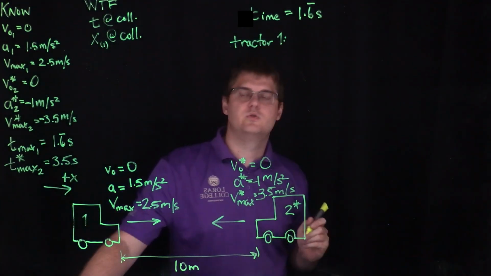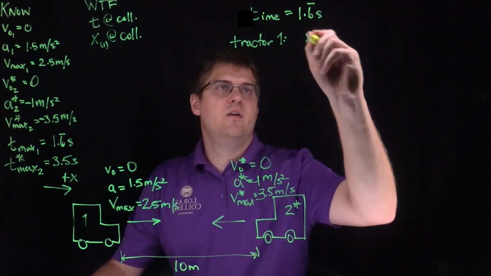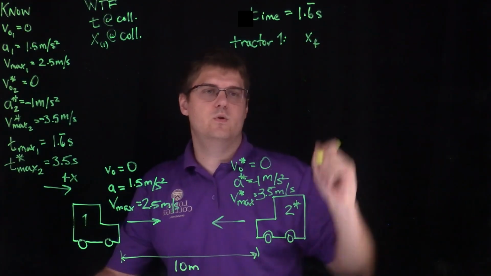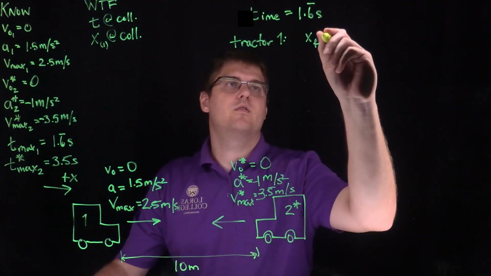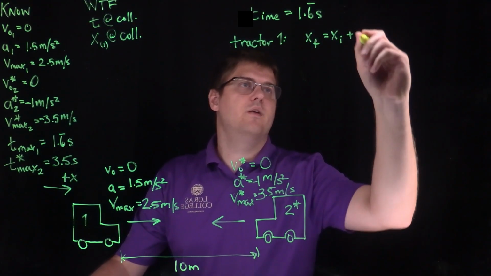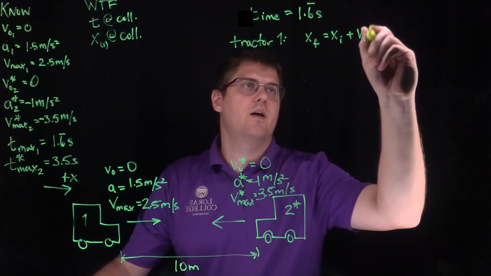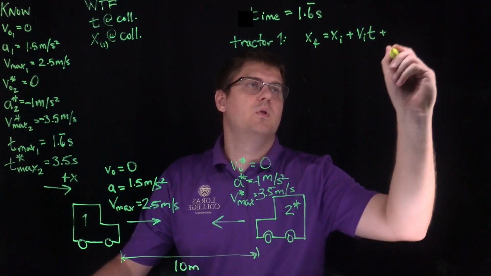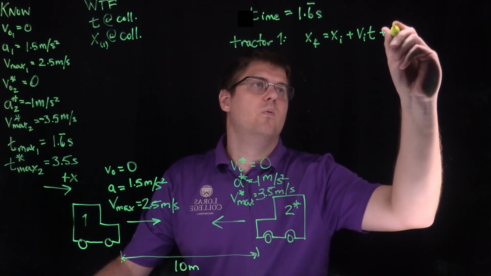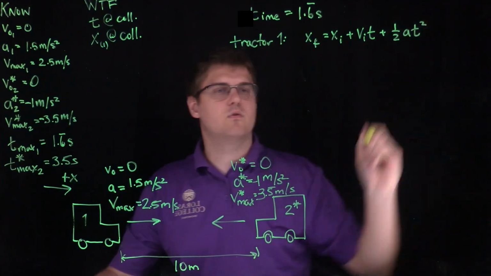where are you? Well, tractor 1, we're going to say x final, which is what we're trying to find, is going to be x initial plus velocity initial times time plus 1/2 acceleration times time squared.